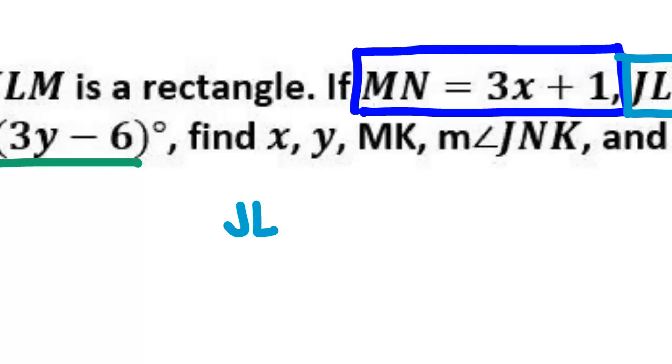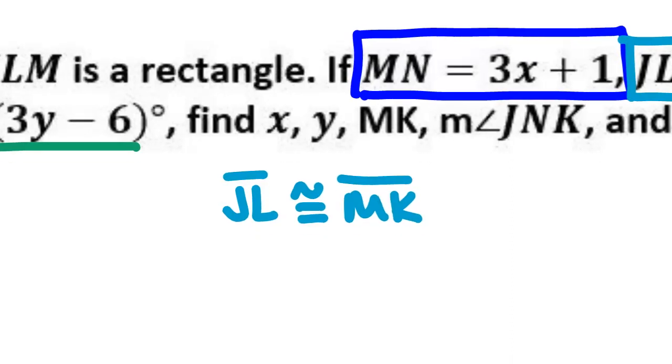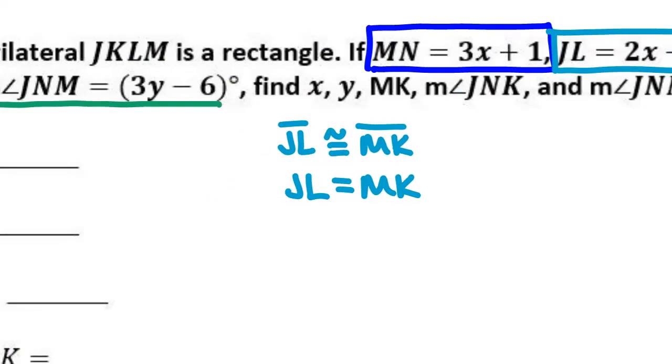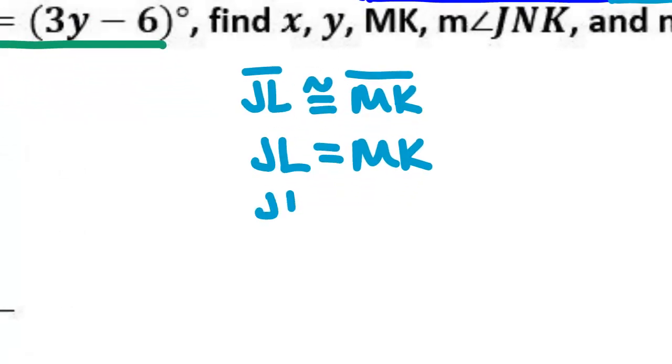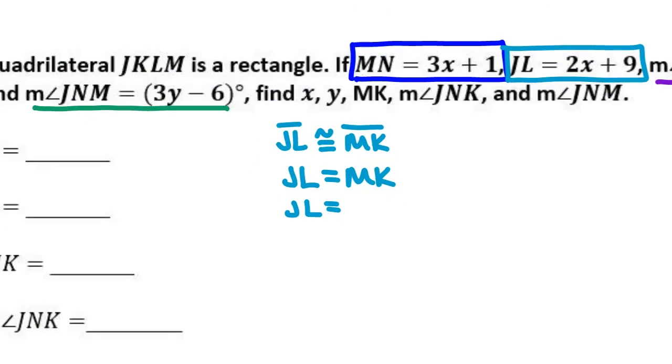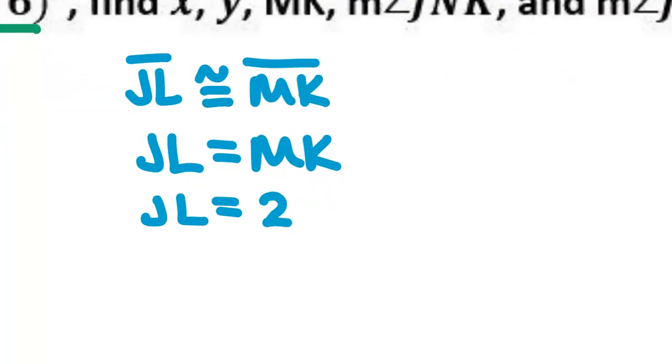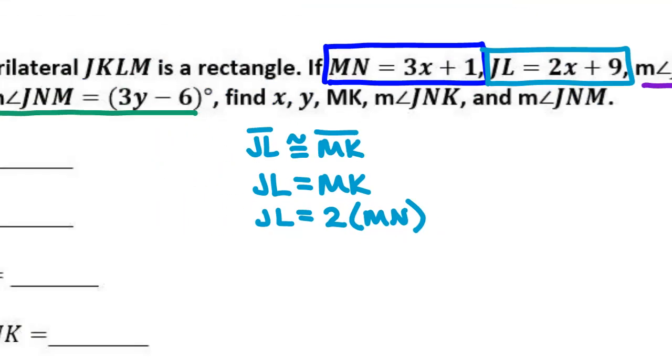The diagonal JL is congruent to what? MK. So that means the measurement of JL is equal to the measurement of MK. And MN is half of MK. So 2 segments the size of MN would be the same as MK.